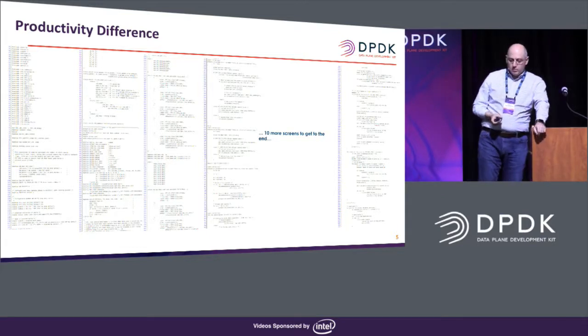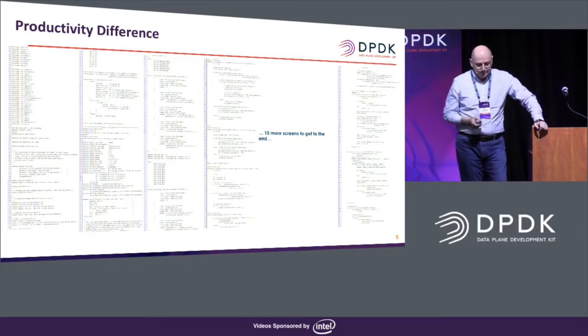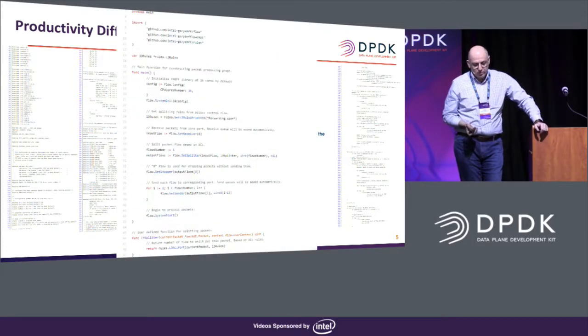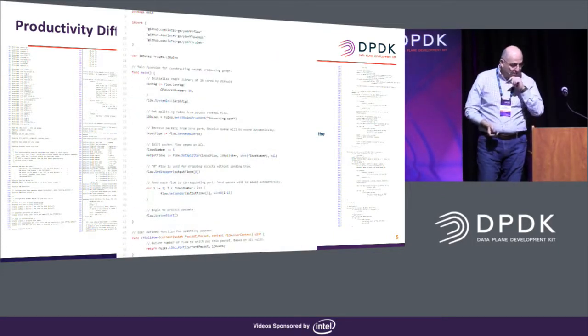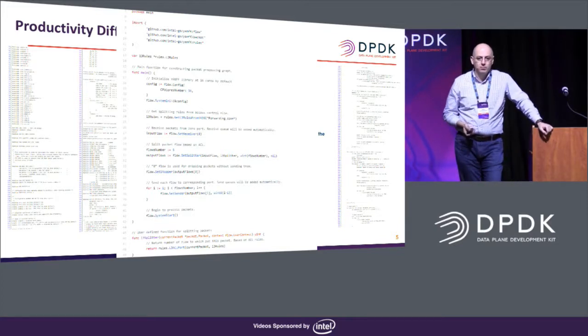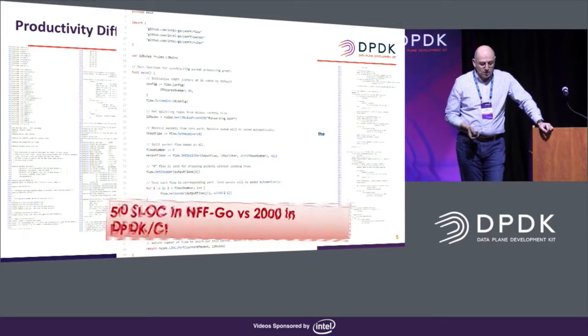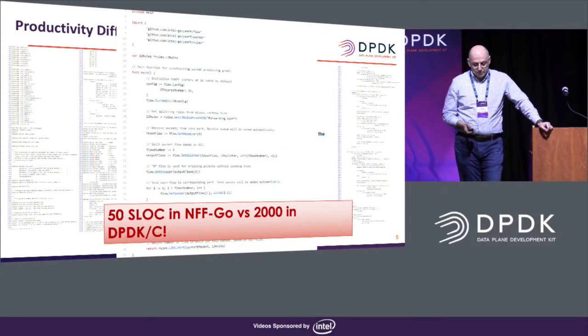So this is the well-known simple forwarder from DPDK. It's about 2,000 lines of code. This is the same forwarder written in NFF-Go, and it's about 54 lines of code.